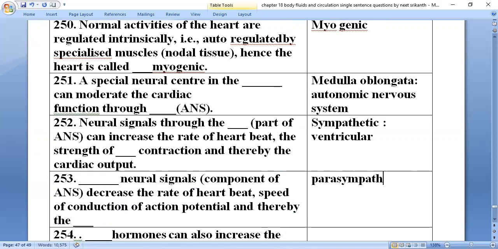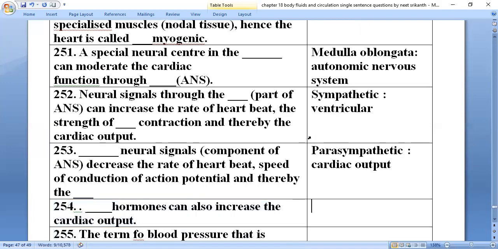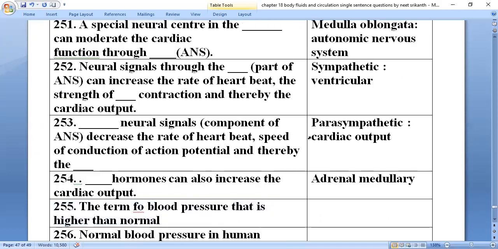Parasympathetic neural signals, a component of ANS, decrease the rate of heartbeat, the speed of conduction of action potential, and thereby the cardiac output. Adrenal medullary hormones, epinephrine and norepinephrine, or adrenaline and noradrenaline, we can say.